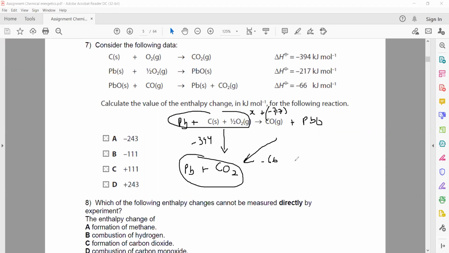So when we apply Hess's law, X minus 217 minus 66 is equal to minus 394, because the two arrows are pointing out at the start of the cycle, and this is the end of the cycle. When we move to the other side, we'll get the same answer, minus 111. Is it clear?